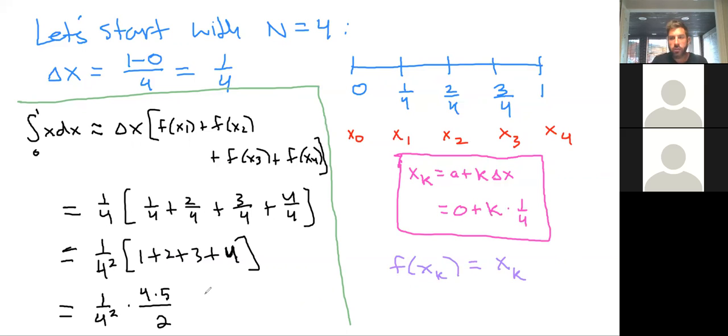I want to concentrate on this pattern. Of course, now we can compute this: the 1/4 cancels, so this becomes 5/8, which you can go into a calculator and approximate.